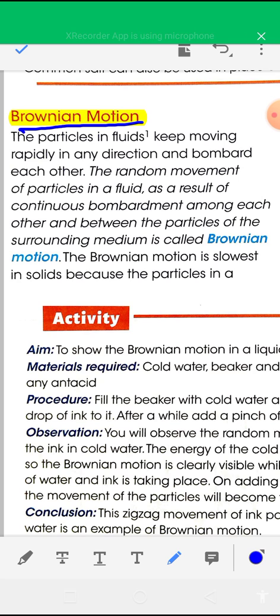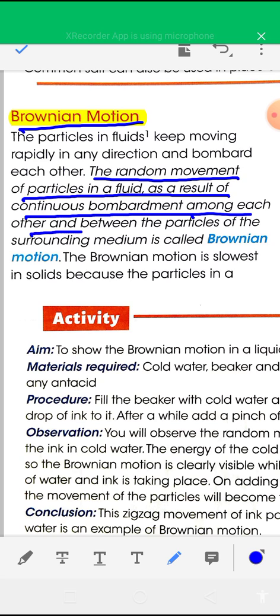The random movement of particles in a fluid as a result of continuous bombardment among each other and with the particles of the surrounding medium is called Brownian motion.